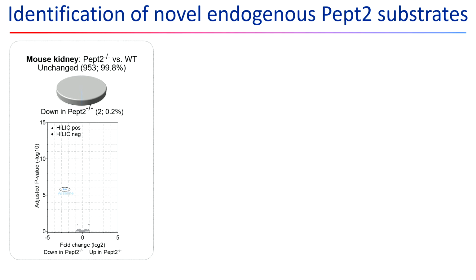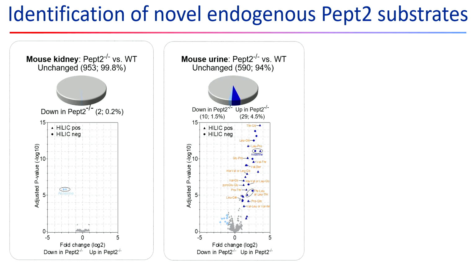But then we also looked at urine in those mice, and now we are looking for something that is up in the urine of the mice, because that cannot be taken up again into the kidney. And here I don't know if you can see it, but we again found the anthorine, but we also found dipeptides here in orange as substrates.